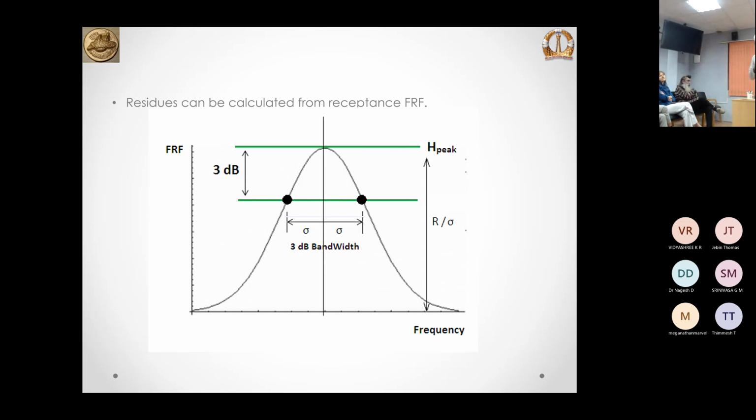This is the 3 dB bandwidth, where sigma and sigma are the bandwidths. Then the height of the peak is given by R by sigma, and R is what we are interested in. Sigma is known to us.